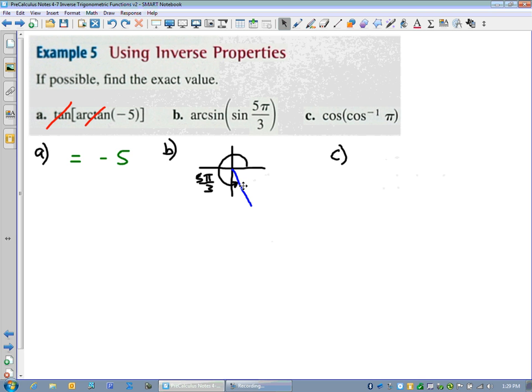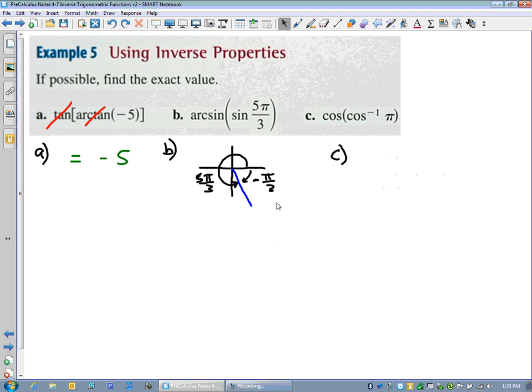And in quadrant 4, within the restricted domain, we measure those angles negatively. So this would be the equivalent angle. Whether I go 5π/3 in this direction or whether I go π/3 in the negative direction, in either case I end up at this terminal side. So therefore the sine of that angle and the sine of this angle will have the same value. These are coterminal angles, so they will have the same values for all of their trig functions.